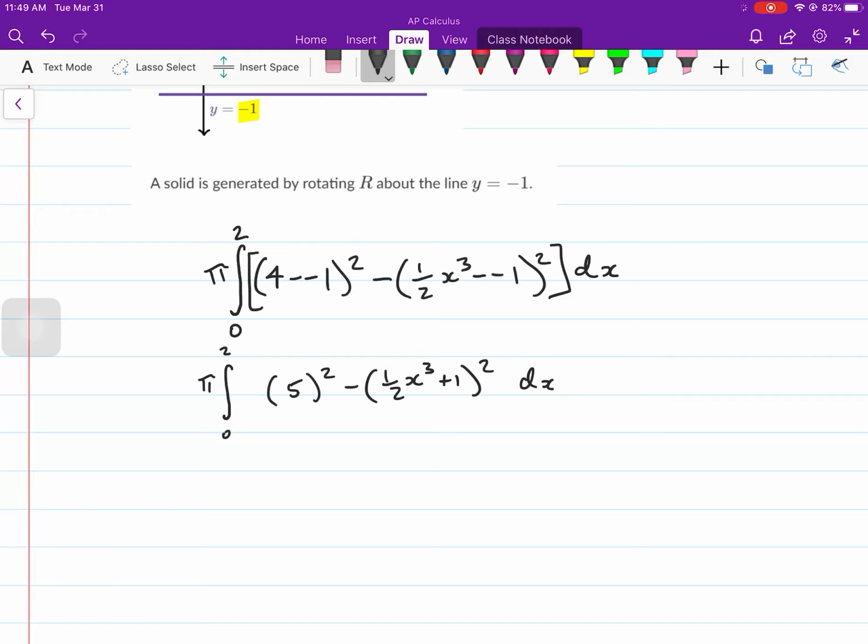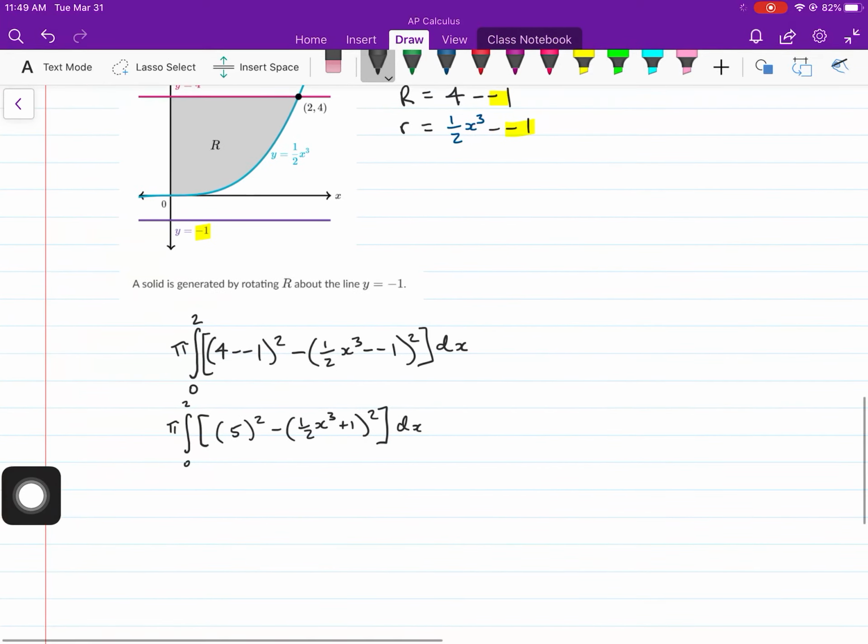If you wanted to integrate this, you'd want to expand and FOIL, combine like terms, and do the antiderivative. It's all the same thing over and over again. So I'll leave that to you guys, but that's how you set it up.